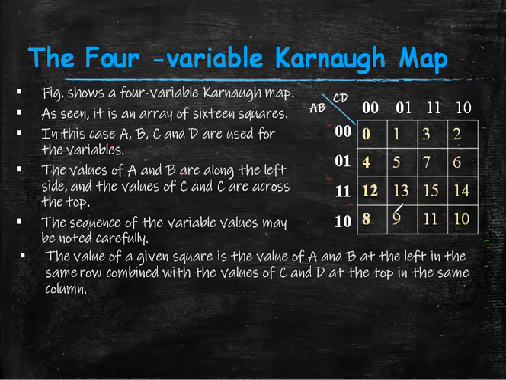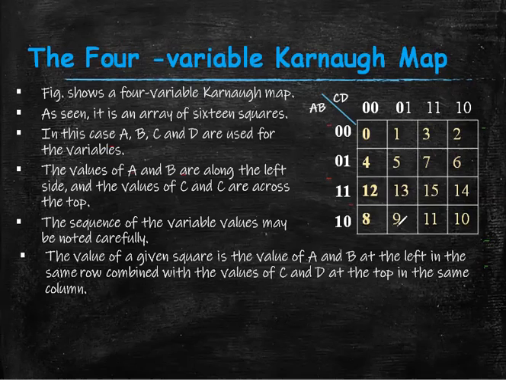Here we know that the value of a given square must be obtained from the combination of the value given on the left and the value given on the top. Okay.